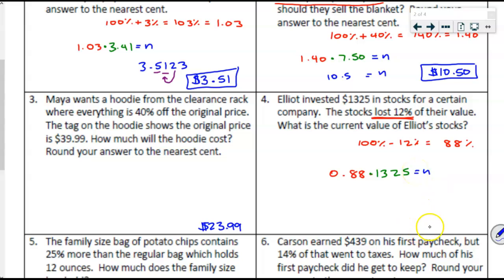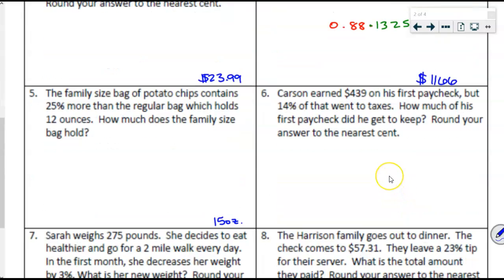This is what happens when you don't pay attention to the problem. I treated that as if he gained money in his stocks because I didn't read it close enough. So thank you for catching that. Back to this though, taxes. This time he should have had $439 on his paycheck, but 14% of it went to taxes. That's less amount that he gets to see. So 100% minus the 14% that's going to taxes is equal to 86%.